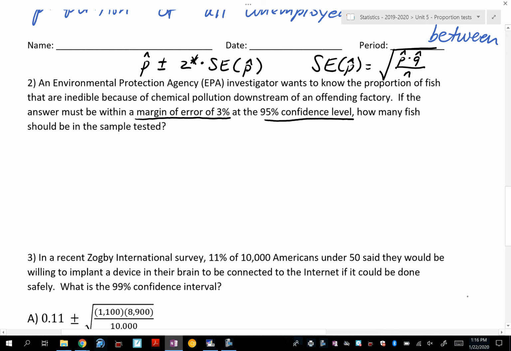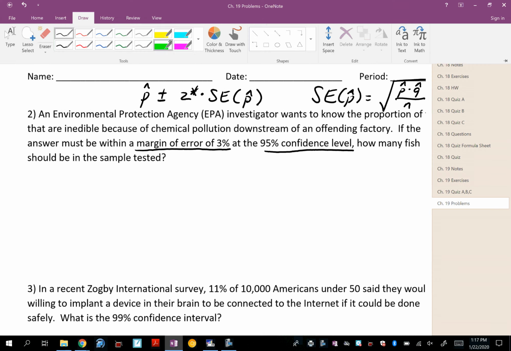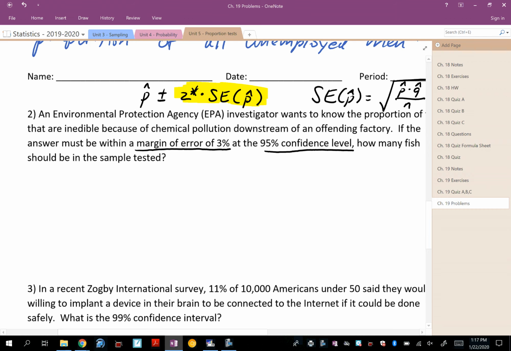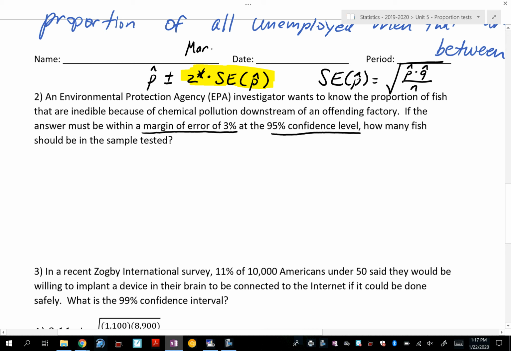Okay. So I told the girls on Friday that in this formula, the z star times the standard error of p hat is called the margin of error.